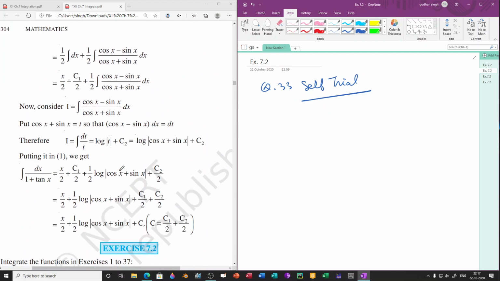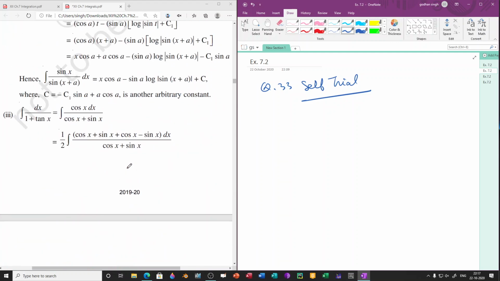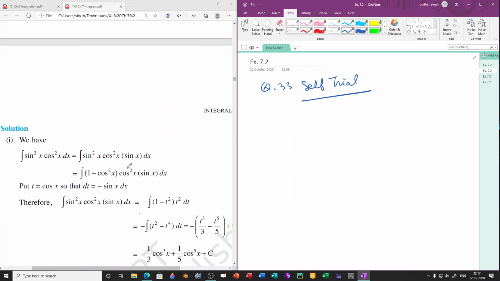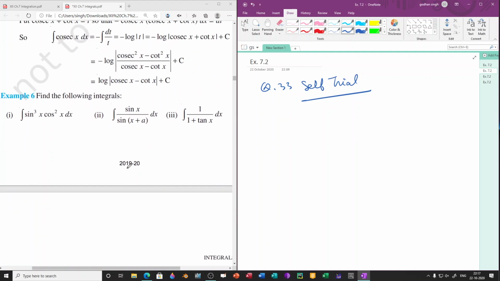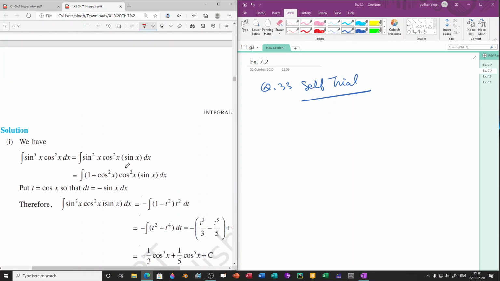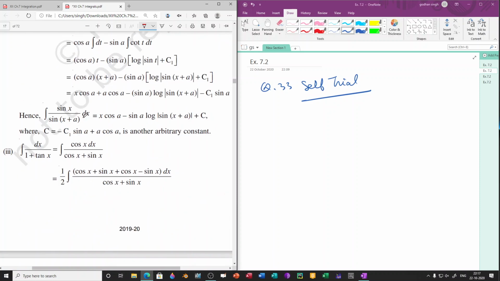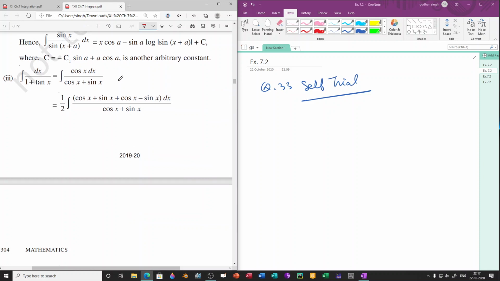We have a solved example here, example number 6, third part, integration of 1 by 1 plus tan x dx. So we can go through the solution of this one. The only difference is that of the minus here. So the same kind of steps with just small changes here and there. You must try it on your own, then only you can learn.